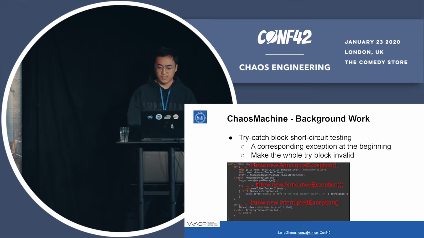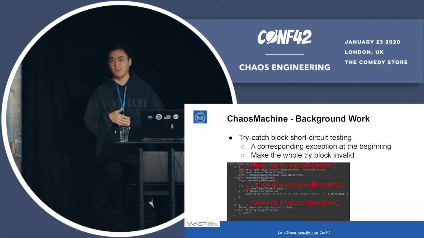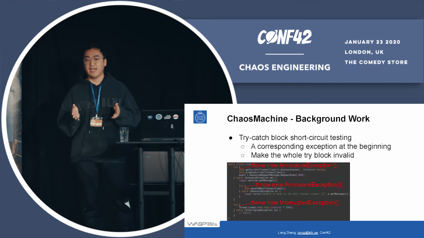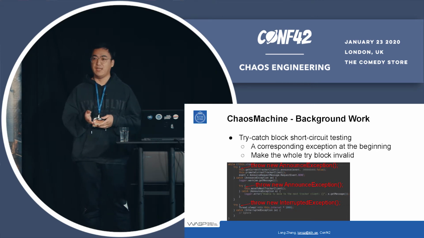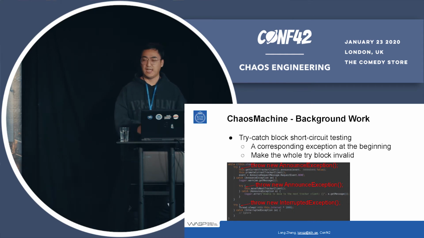With ChaosMachine, we would like to apply this fault model in a production-like environment, using bytecode instrumentation. At runtime, we instrument the bytecode and throw an exception at the beginning of the try block. That's how we trigger the catch block.